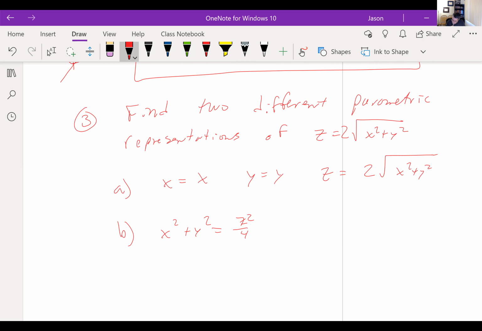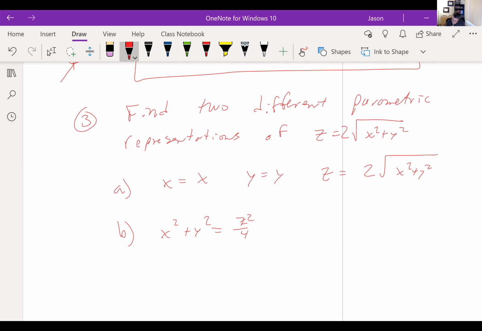Let's put a 2 on the outside there. So the first one would be x equals x, y equals y, and z is equal to 2 radical x squared plus y squared. Okay, so that's one parametric representation.